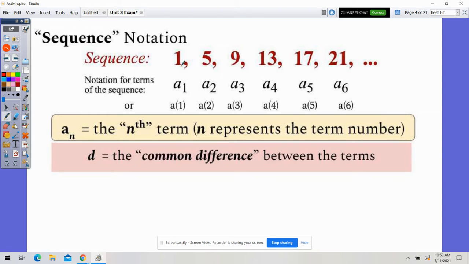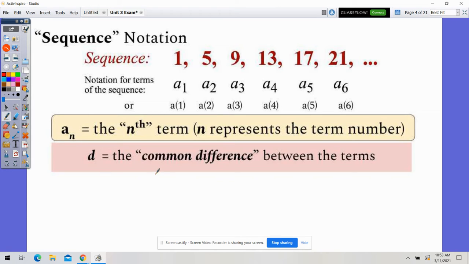A1 means that's the first term. A2 is the second term of the sequence. A3 is the third term, and so on. So AN represents the nth term. N represents the term number. The nth means any term number. It's just a generic term.